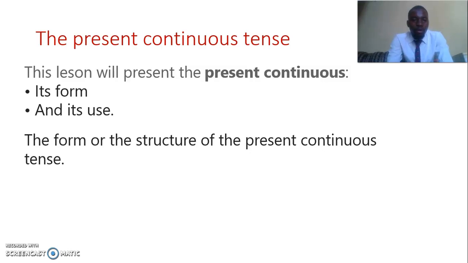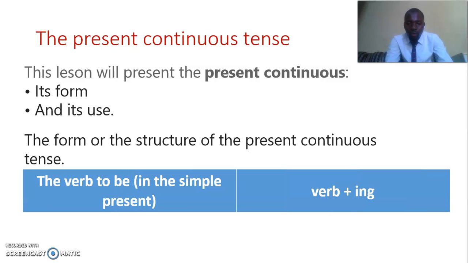Now, first of all, let's talk about the structure or the form of the present continuous tense. In English, the present continuous tense is formed by taking the auxiliary to be conjugated in the simple present tense plus the verb in ing form.